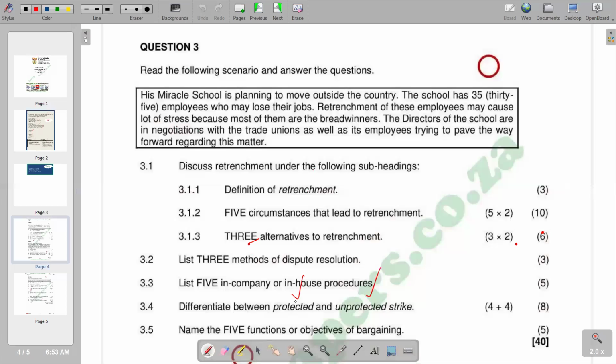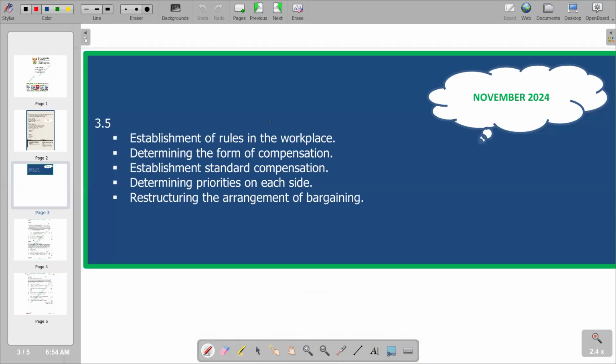Name the 5 functions or objectives of bargaining. Remember, bargaining is generally described as discussions between parties to reach an agreement. So what are the functions or objectives of bargaining? We're going to say that it's establishment of rules in the workplace. So when we have bargaining, we are mainly focused on establishment of rules in the workplace, which is the first one.